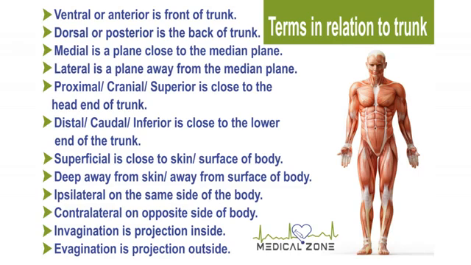Next one is medial. It is a plane close to the median plane, that is towards the center of body. Second one is lateral. It is opposite of medial. It means a plane away from the median plane, that is away from the center of body.